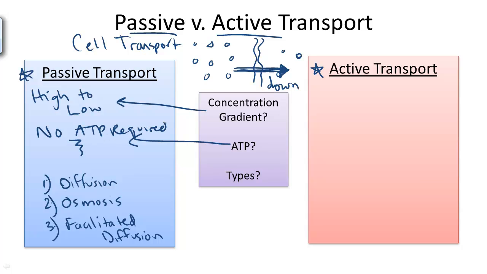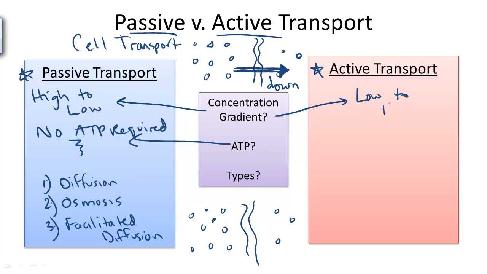So let's compare these three types of passive transport to active transport. In active transport, again, we find this phospholipid bilayer, this semipermeable membrane, in which perhaps there are, again, more solutes, let's say, on the inside of this cell than on the outside. In active transport, we always move substances against the concentration gradient.